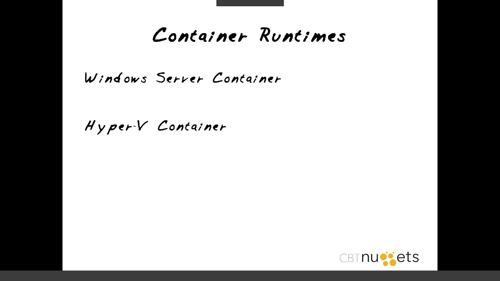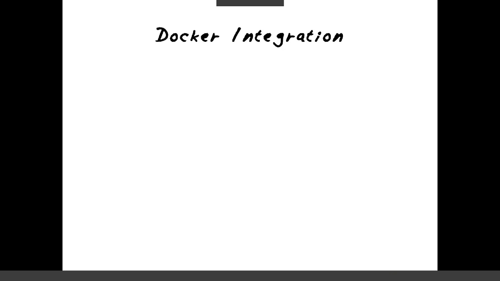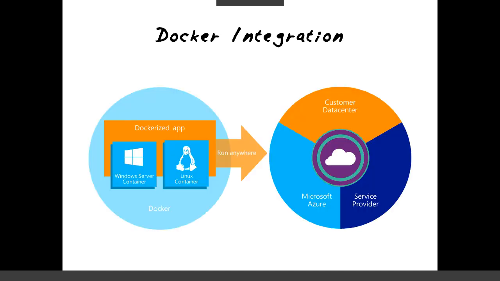Now, earlier on I mentioned something called Docker. And Docker comes to us from the Linux world. It's really where containers got their start and got their popularity. And in Windows Server 2016, there's an integration with Docker. And Docker is just an open source engine. It's going to automate the deployment of any of your applications. It creates that container for you like what we've been describing.